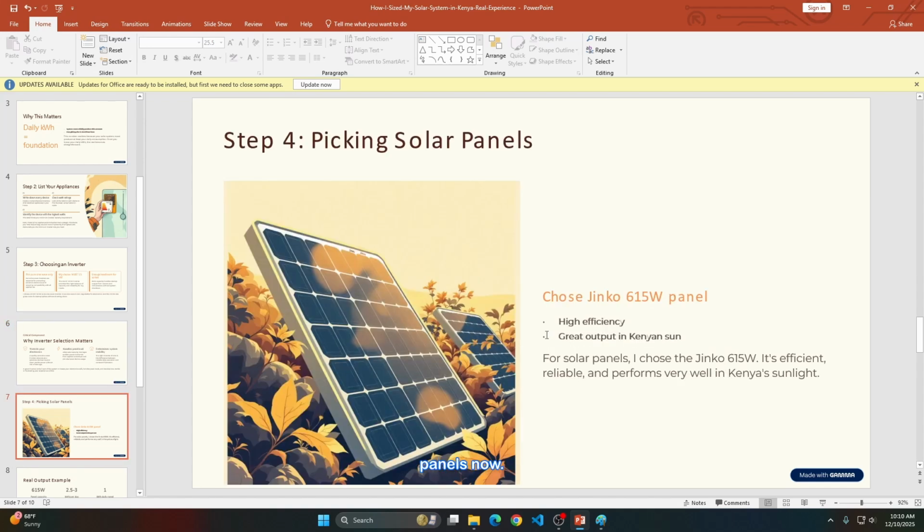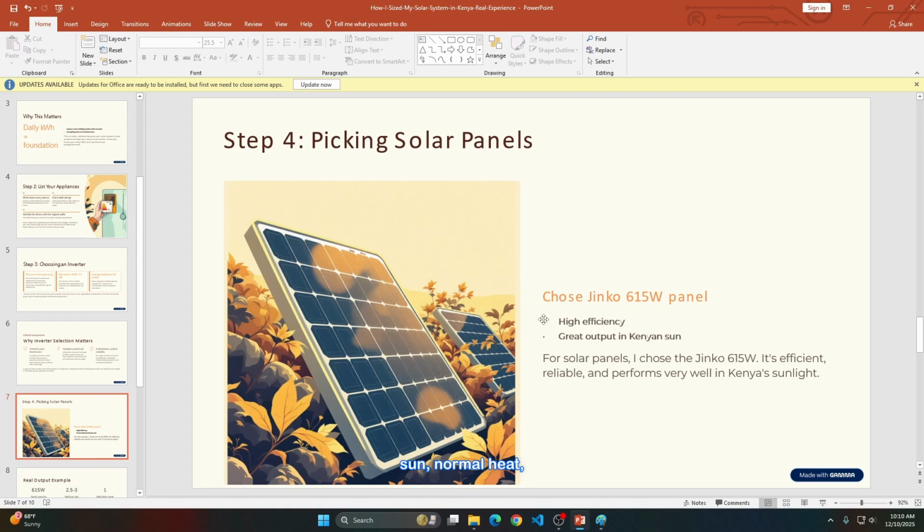So, picking solar panels now. That's the amount of watts that a solar panel has, its type. So I chose the Jinko 615 panel. It has high efficiency. In my case, I've seen it's 615 watts.